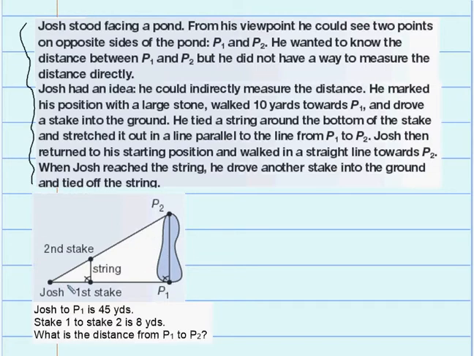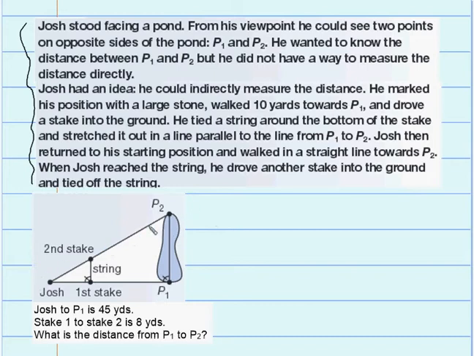All right, and then okay, so he marks this parallel so that he gets that other end of the triangle that will be similar. And then he returns to his starting position, walking in a straight line towards P2.